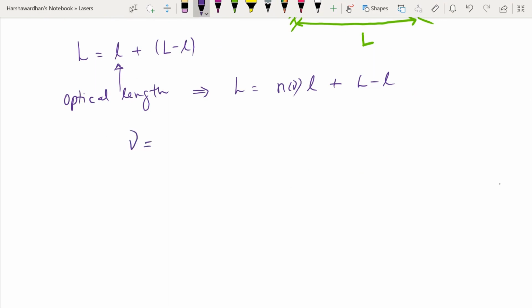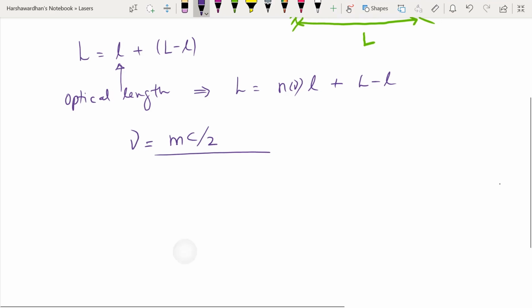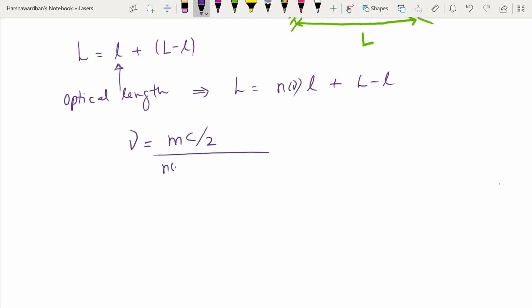So I have my bare cavity. So nu is mc by 2. The L I am opening up as the optical length, which is n of nu times small l plus capital L minus small l.